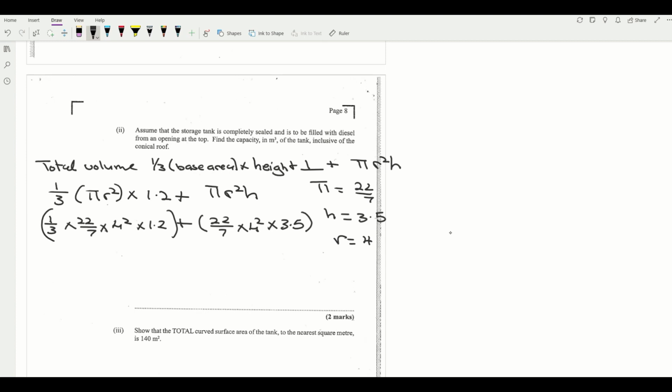This is the volume of your cone, and this is the volume of your cylinder. I'm going to find this one first, then this one, and then add them up. A third multiplied by 22 over 7 multiplied by 16, because 4 squared is 16, multiplied by 1.2, and you get 20.11428571.